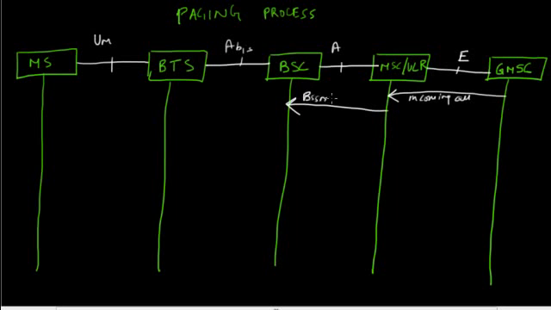So it pages all the BSSs in the LAI. Now the message between MSC and BSS, BSS MAP paging, is a layer 3 message. That's the protocol used between BSC and MSC to communicate with each other.